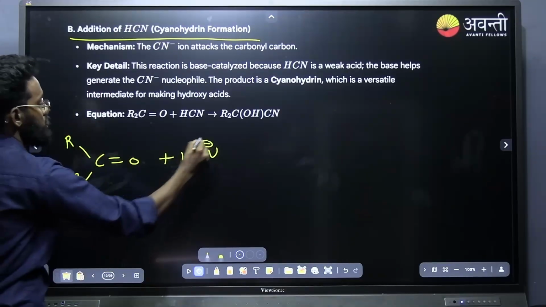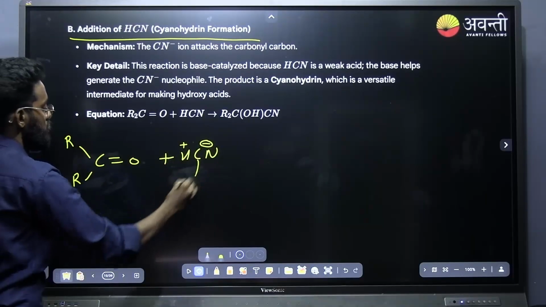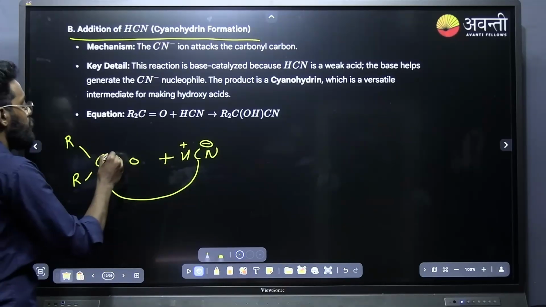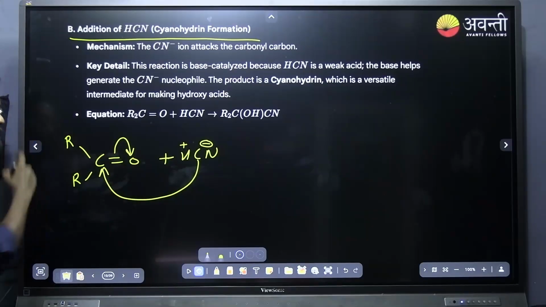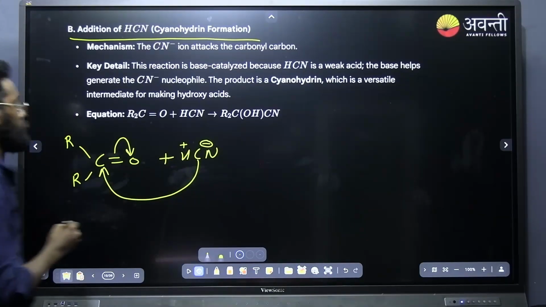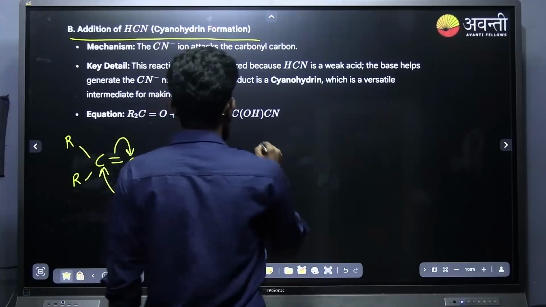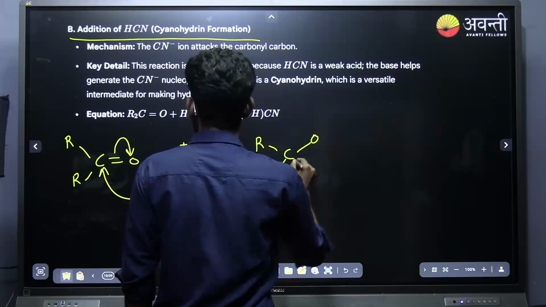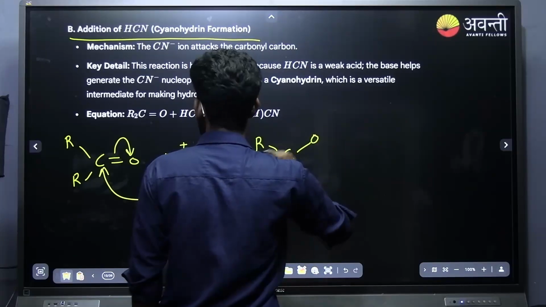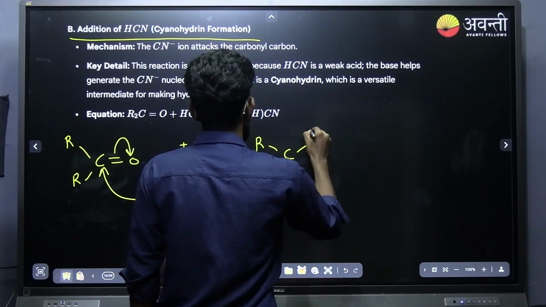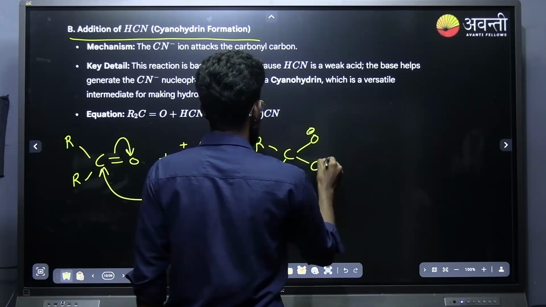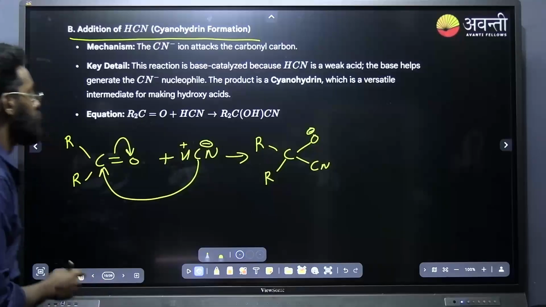Here CN minus, H plus: the cyanide will be attacking the carbon, and when the cyanide attacks the carbon, the pi bond shifts towards oxygen, resulting in the formation of R2C with O minus plus CN attached. Here you can see CN is attached here.